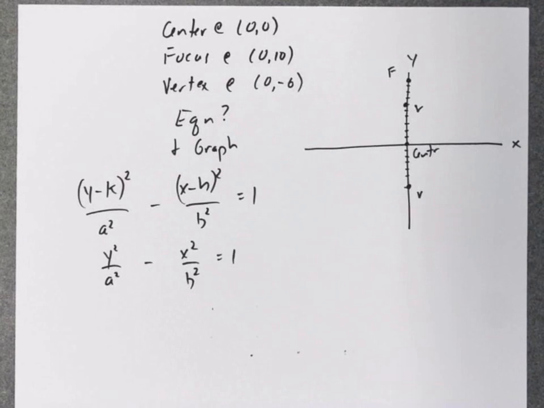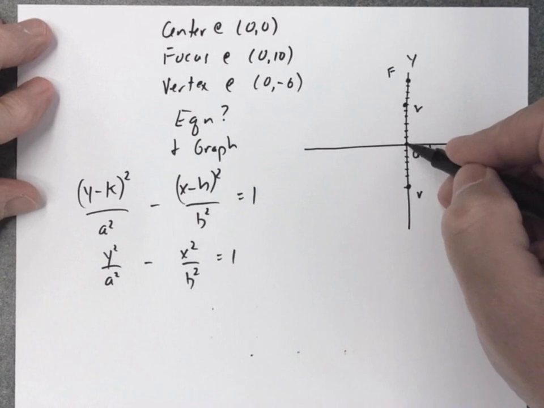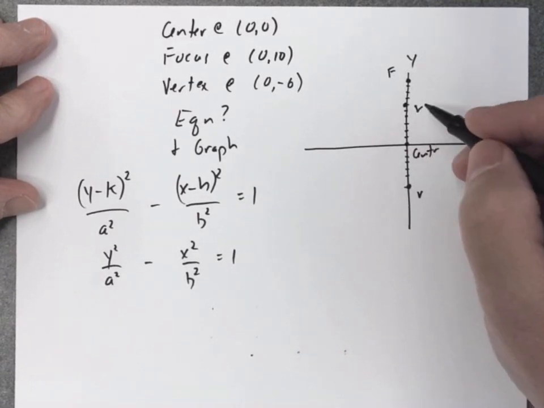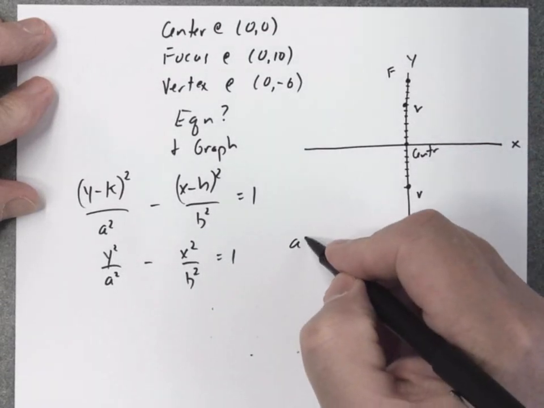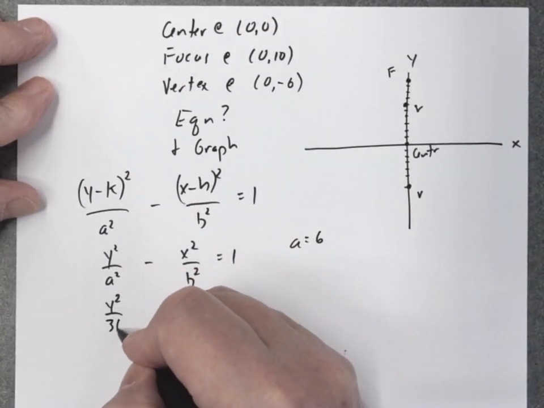So if I can figure out the values of a and b, then I have the equation. Well, I know a is the distance from the center to the vertices, and I know the distance is 6, so a is 6. So you have y squared over 36.